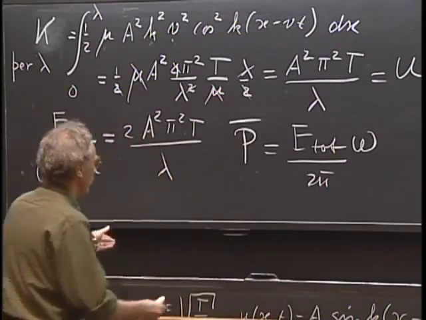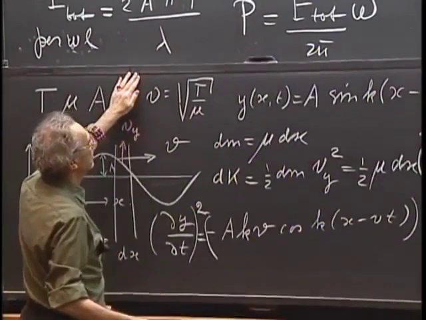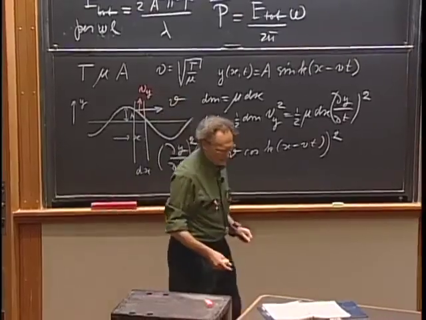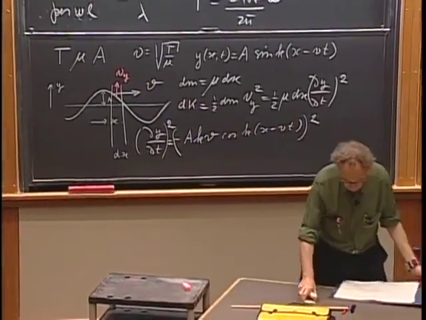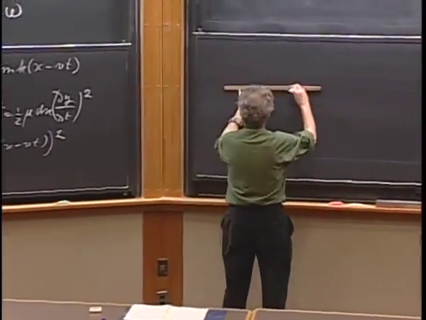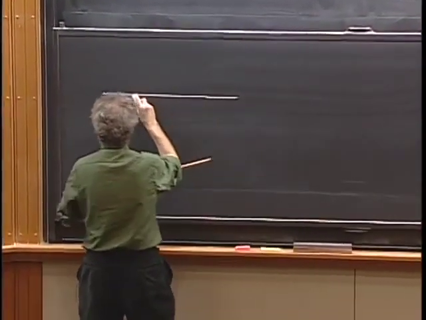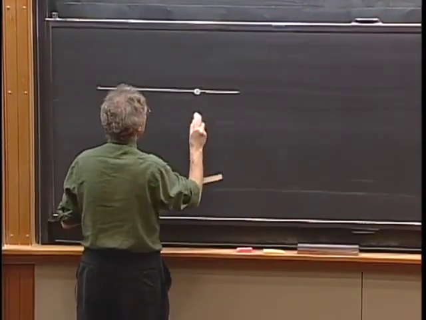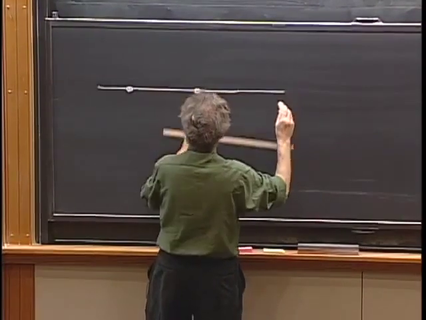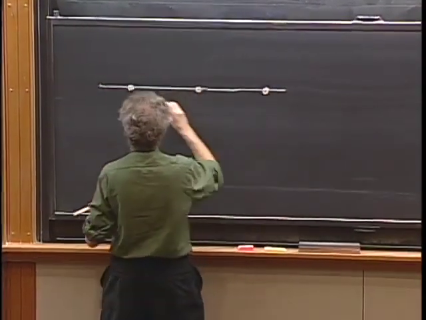If now we turn to standing waves, the situation is very different. So here I have a standing wave. There are nodes here. And at those nodes, the string does not move.